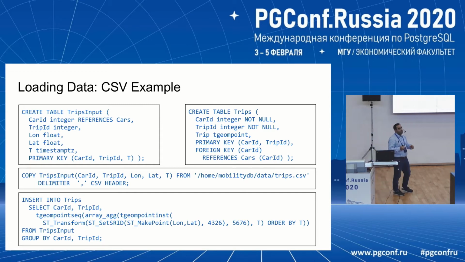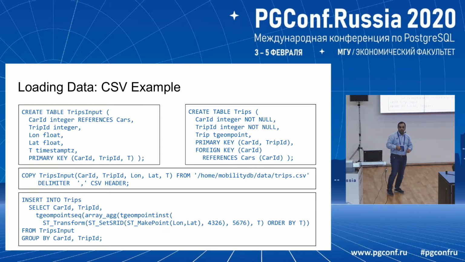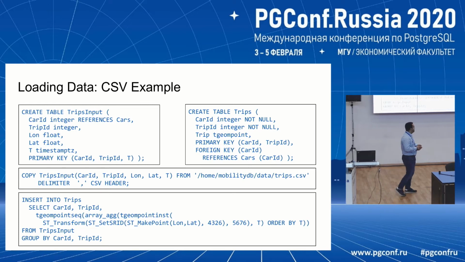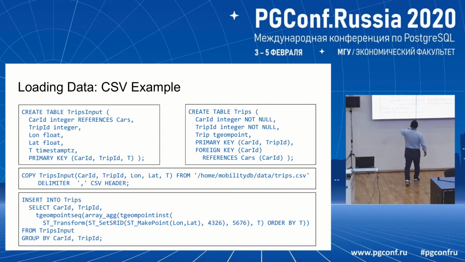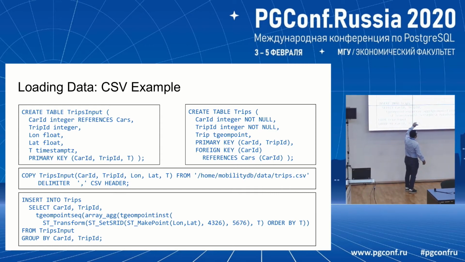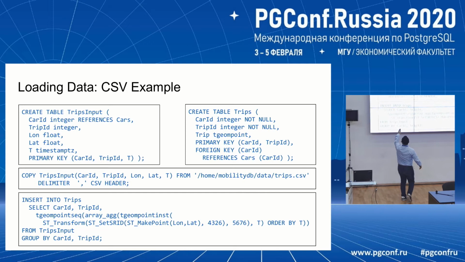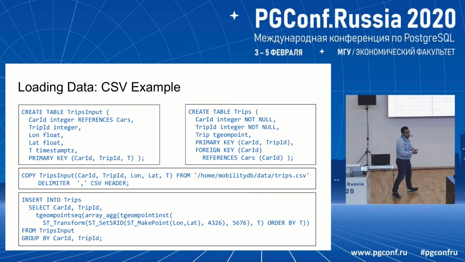So how do you load your data inside MobilityDB and start managing it? It's pretty straightforward. It's done by aggregation. Assume this is a flat table at the left, the trips input.